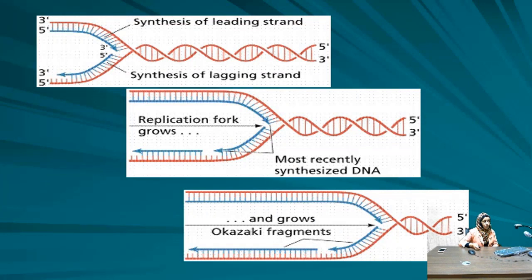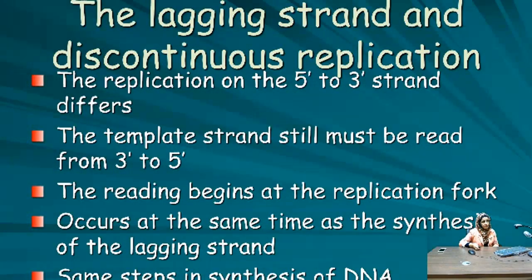This figure shows the synthesis of the leading strands and the extension of the lagging strand and leading strands, and the replication growth, the most recently synthesized DNA, and the growth of the Okazaki fragment in the lagging strand.